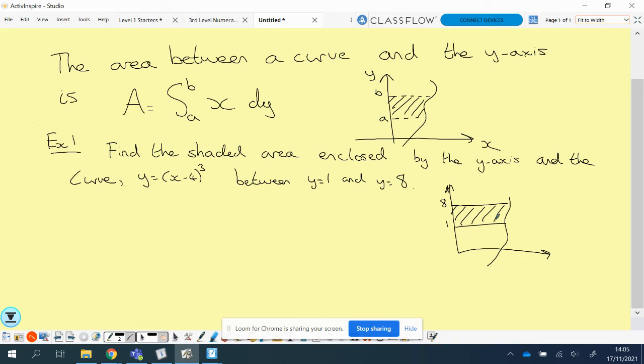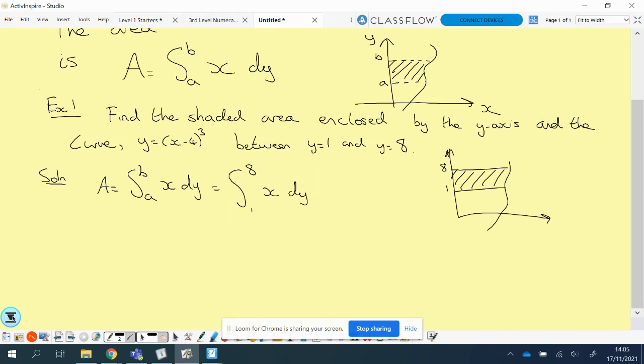So, start my solution. The area formula is the integral between limits b and a of x dy. For us, it's going to be between, let's say, 1 and 8 of x dy. Okay, you'll know this from using things in differentiation.